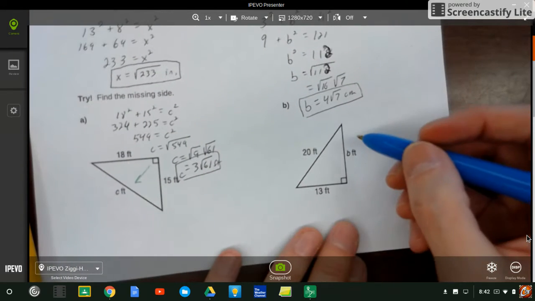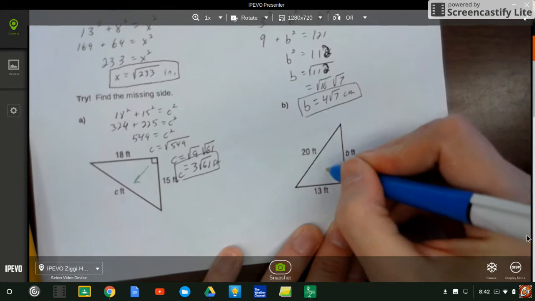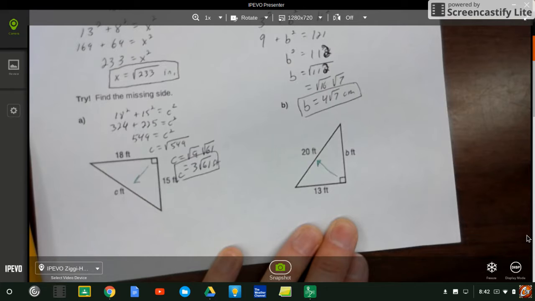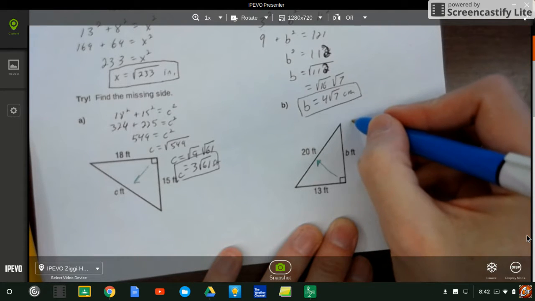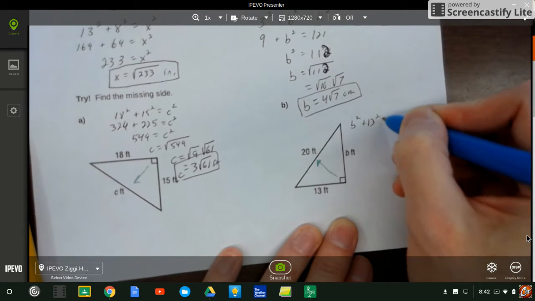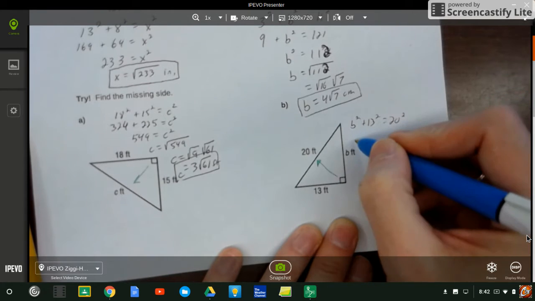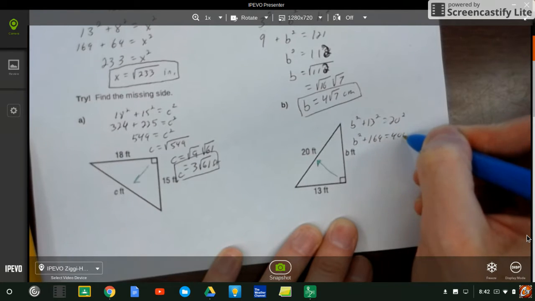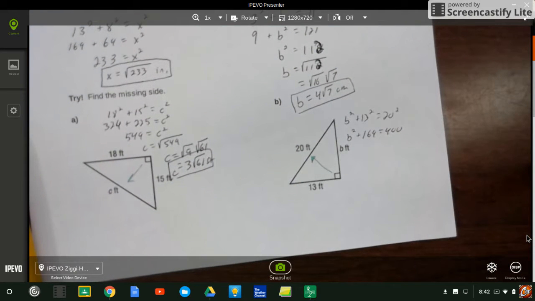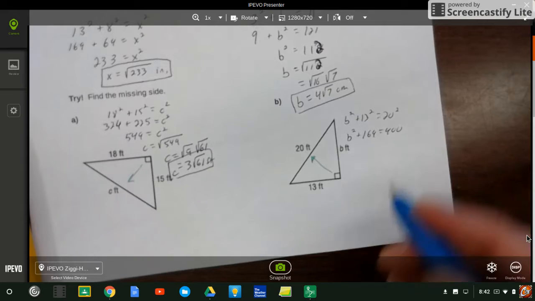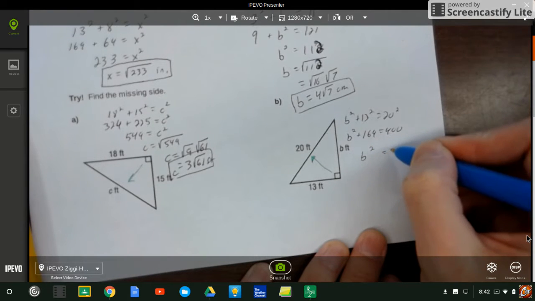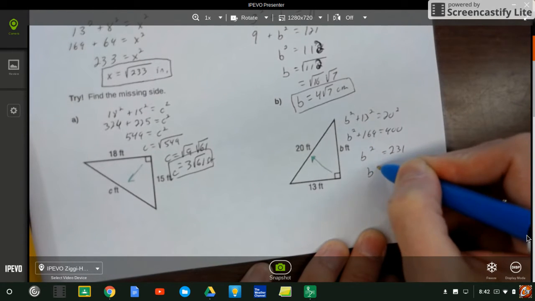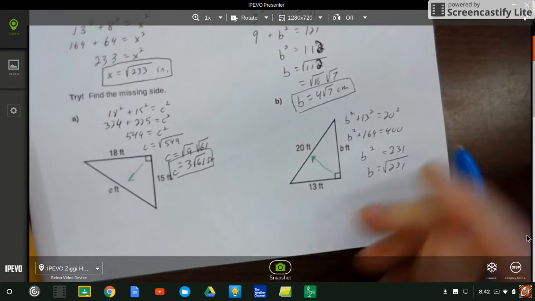On the other problem, my hypotenuse is the 20, okay? So I'm going to go, great, b squared plus 13 squared equals 20 squared. So b squared plus 169 equals 400. Make sure I get my arithmetic right this time. So b squared equals 231. b is the square root of 231.